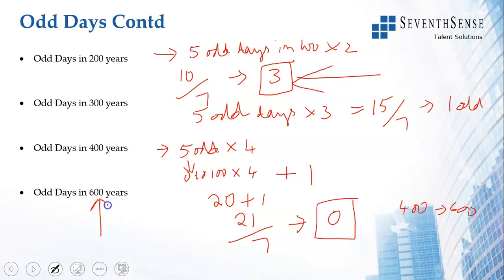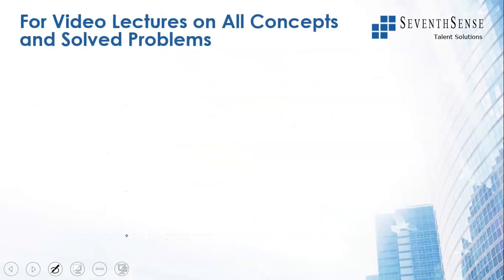So even in 600 years, number of odd days would be 3. And odd days in 800 is again 0, because 400 is 0 and another 400 will be 0. So 800, 1200, 1600, 2000, 2400, 2800, multiples of 400, the number of odd days will be 0.